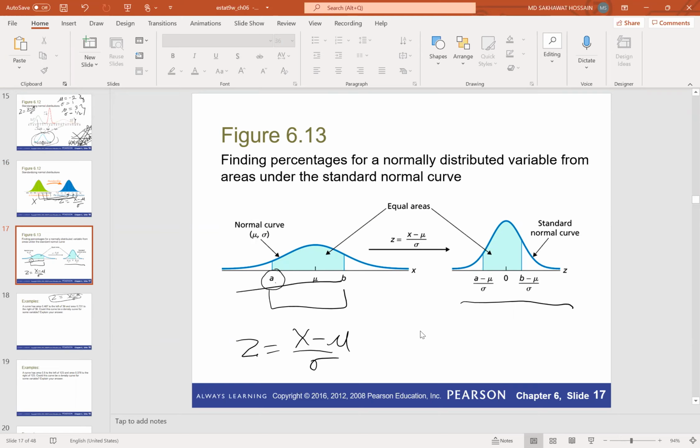For x equal to A, the value on the standard normal curve will be A minus mu over sigma. Similarly, we convert this one, and it becomes B minus mu over sigma. Now we look at these two values on the z chart, and you will find the probability.